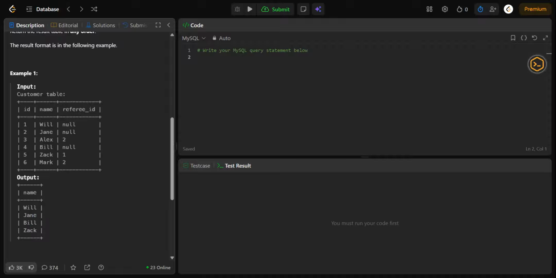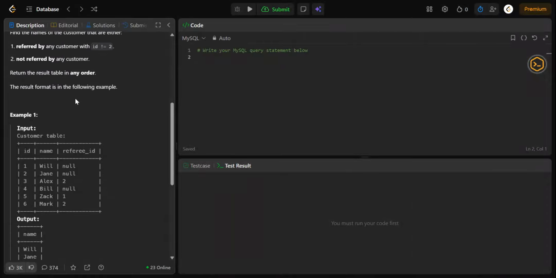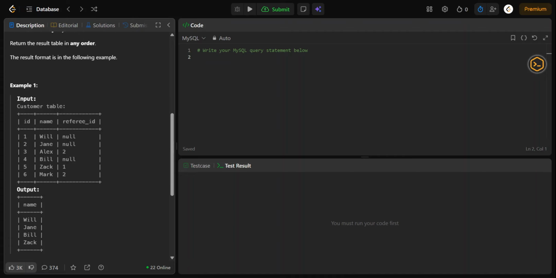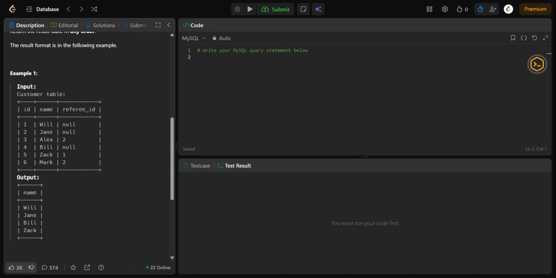For Alex, the referee ID is 2, so the customer is referred by a customer with ID equal to 2, and we will not add Alex to our output table.